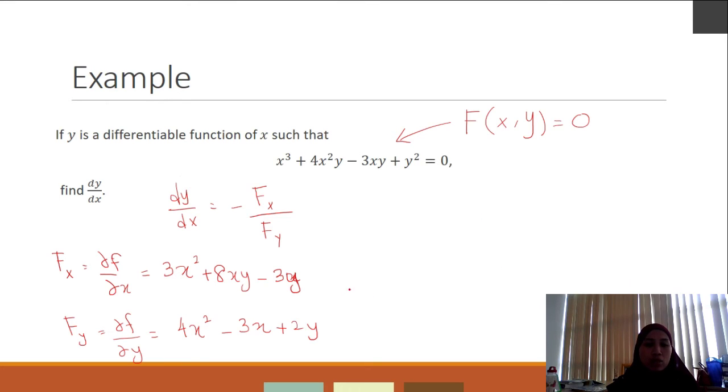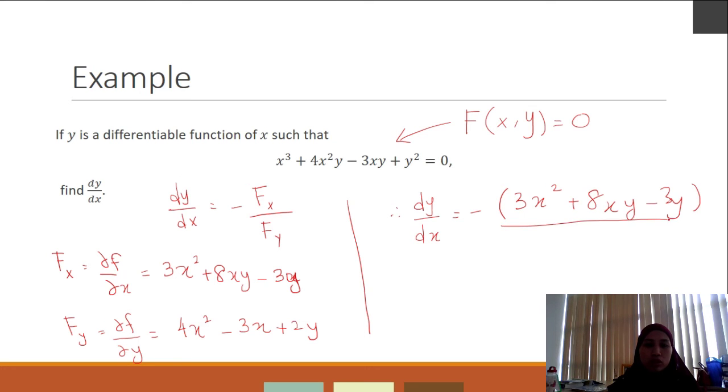And then we substitute this result into the formula. Therefore dy/dx is equal to negative (3x squared plus 8xy minus 3y) over (4x squared minus 3x plus 2y). That's it.